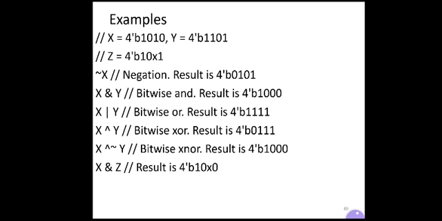Now X and Z. Observe here, the Z value contains an unknown value, 10x1. So that bit results in an unknown value. X value is 1 0 1 0. So 0 and 1 is 0.